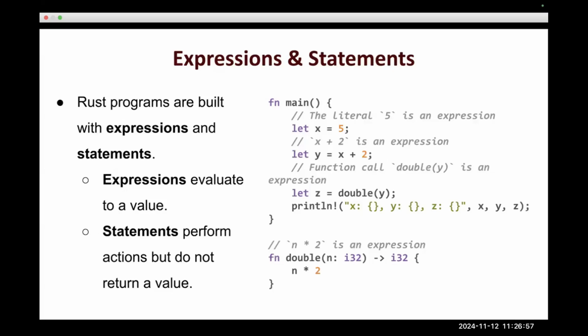So a statement performs actions but does not return a value, and an expression is evaluated and then returns a value to the scope outside of the expression. If you look at this example, you first set x equal to 5, which is good, and then the literal x is an expression, and x plus 2 itself is an expression.